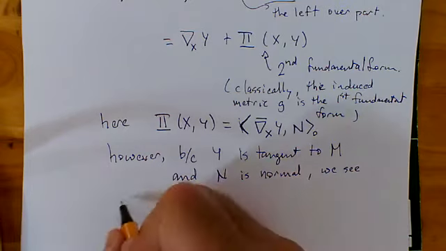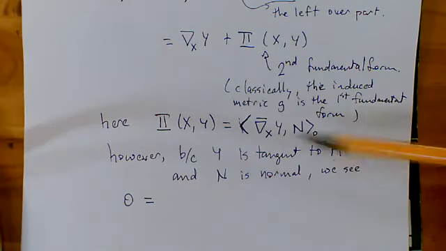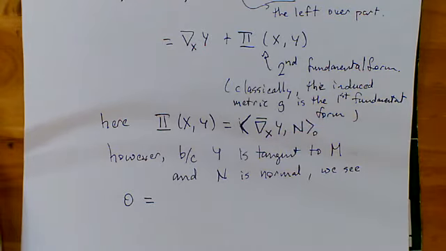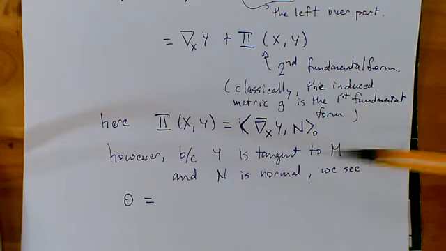The thing to remember here is that I'm starting with a tangent vector y, and I also have a tangent vector x, and I have my chosen normal n.